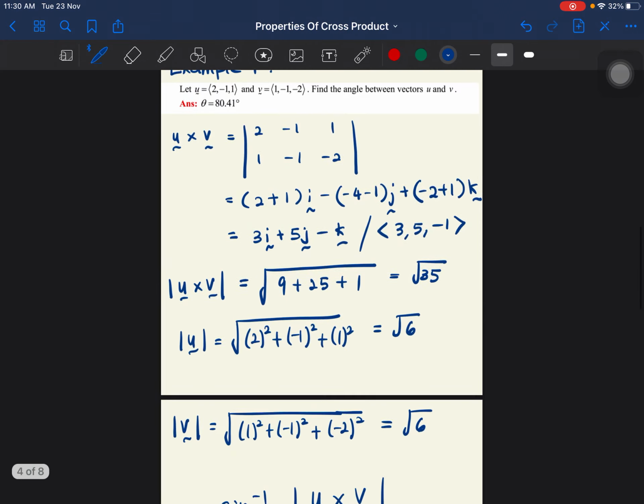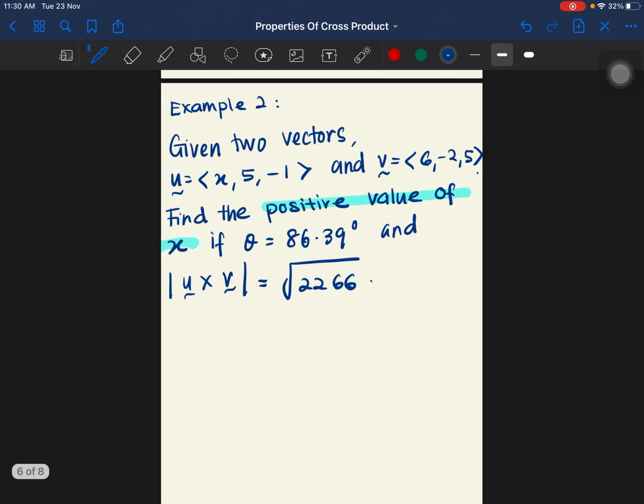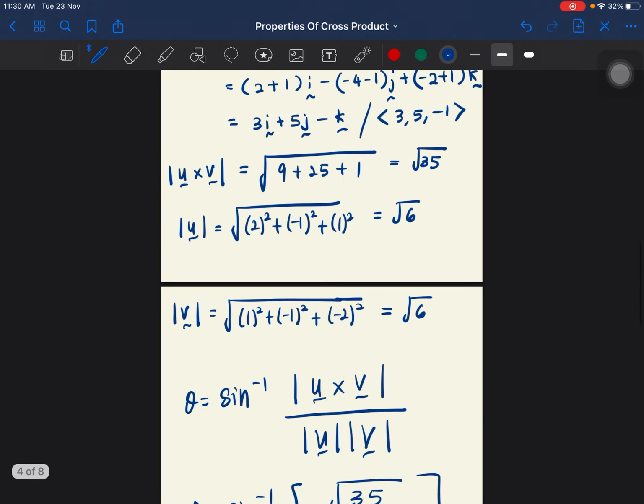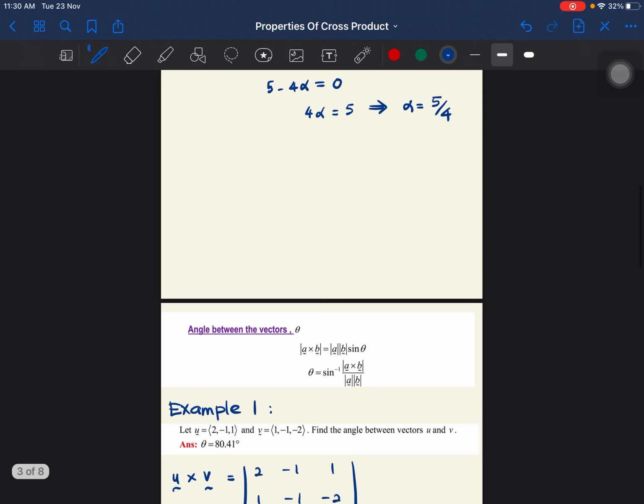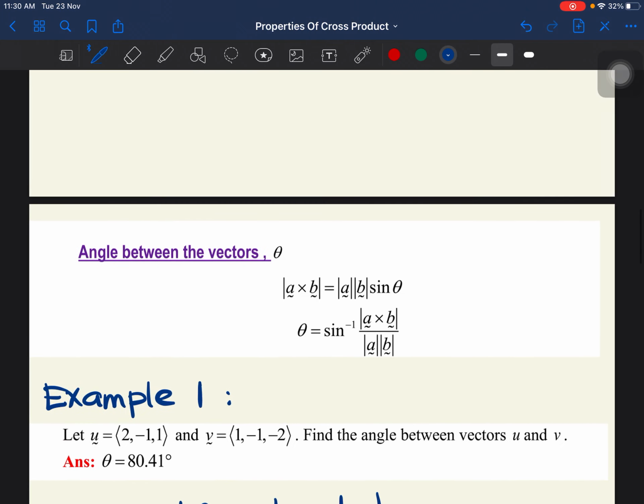So basically, what we want is to find the value of the unknown here, x. So we have to get the magnitude of u and also the magnitude of v, since the magnitude of u cross v is given to you.